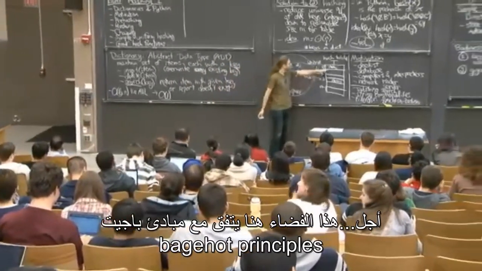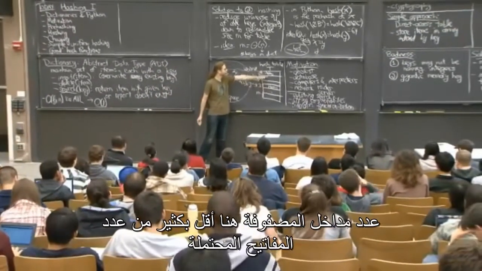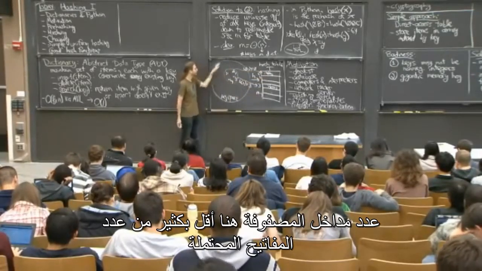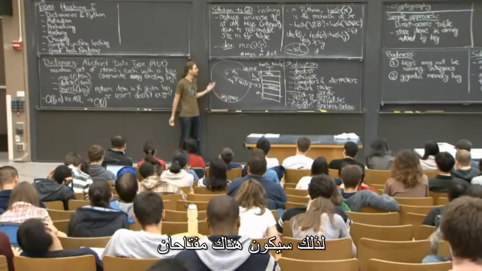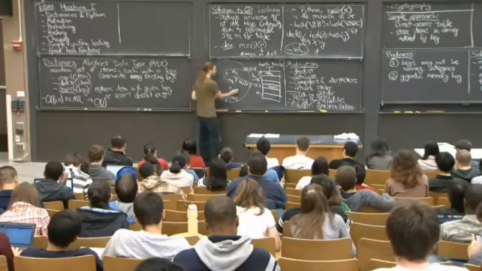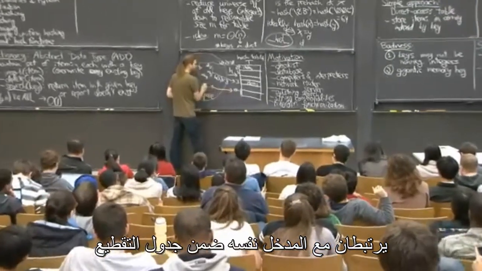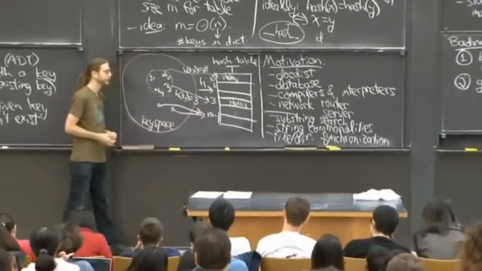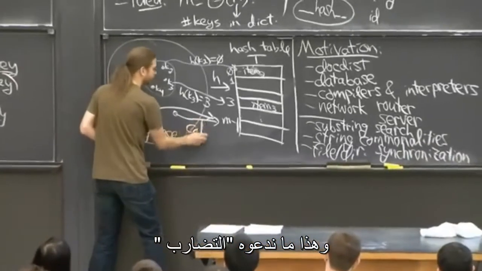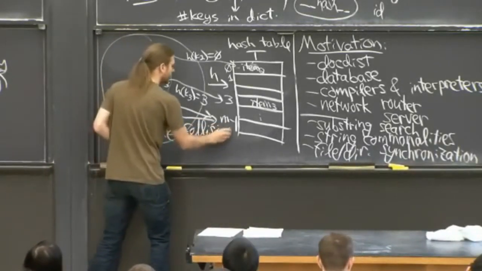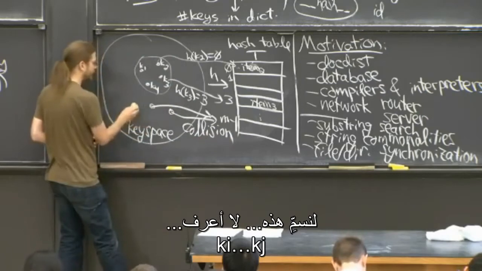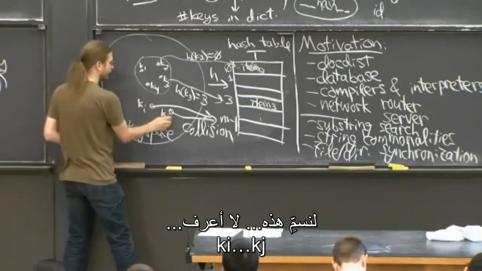Yeah, this space over here is pigeonhole principle. The number of slots for your pigeons over here is way smaller than the number of possible pigeons. So there are going to be 2 keys that map to the same slot in the hash table. This is what we call a collision. Let's call this, I don't know, Ki, Kj.